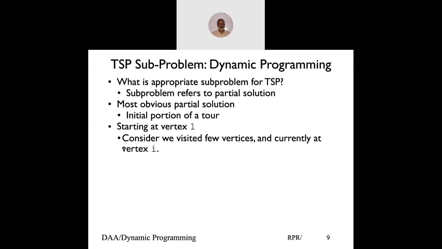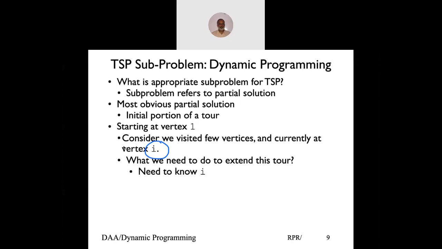We start at vertex 1 and consider that starting from vertex 1, we have visited some vertices, and currently we are at vertex I. That means our job is, from vertex I, to pick the next vertex, make our next destination, and extend the tour.